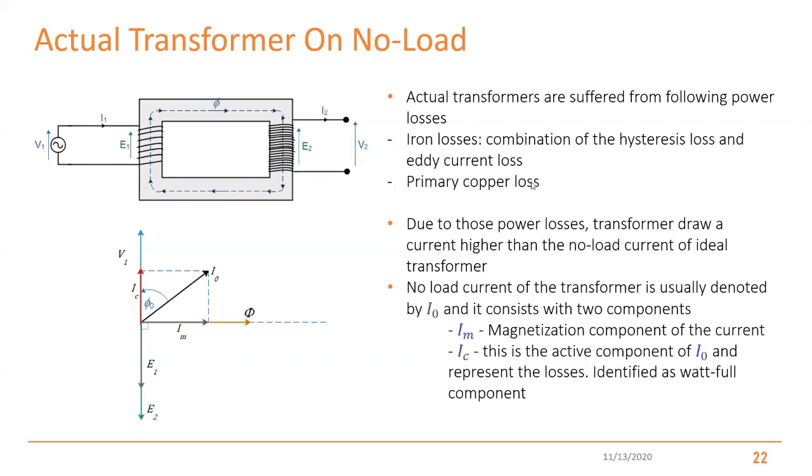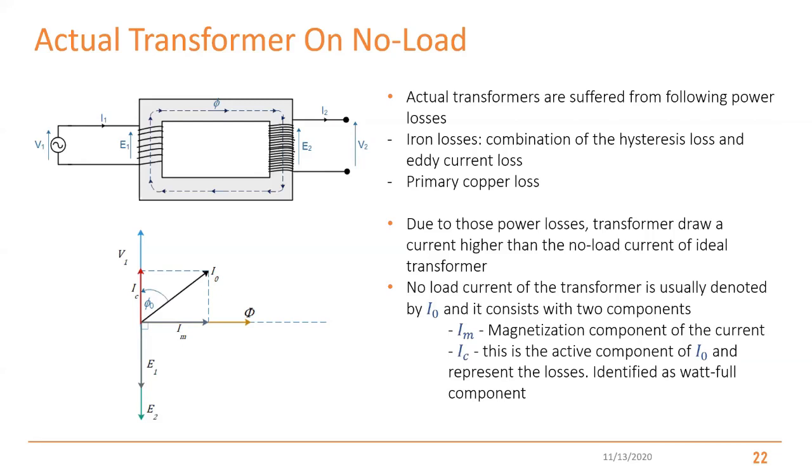We said this IM, the magnetizing current component, does not absorb any energy from the supply, so we call it the magnetization component, whereas the IC is known as the wattful component, the current actually responsible for consuming all the power loss.